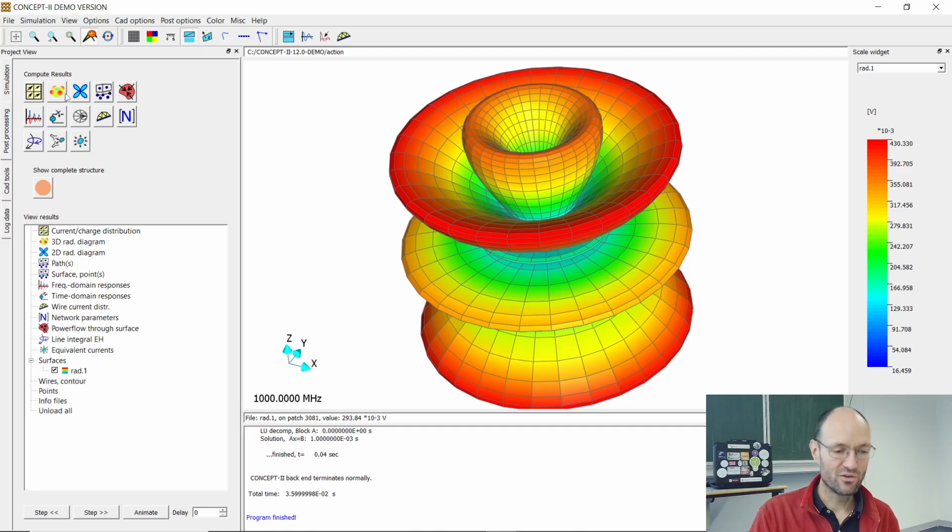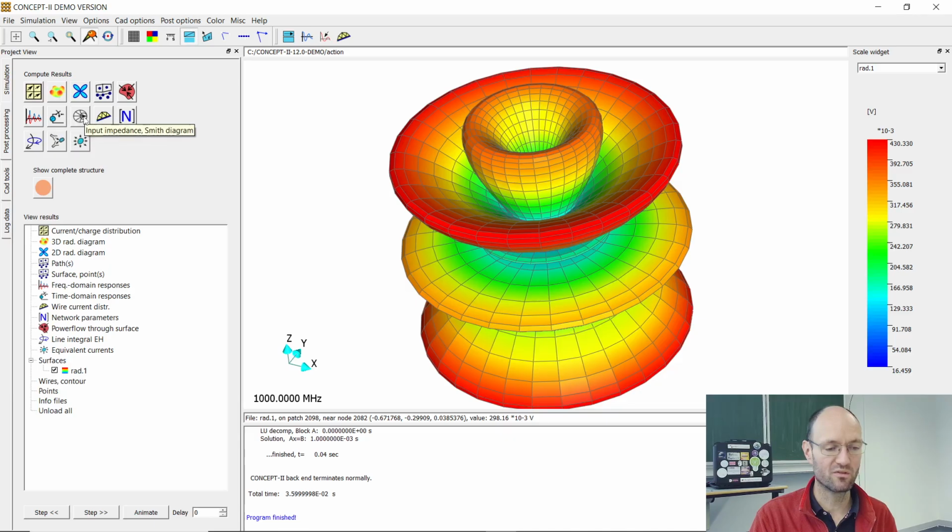So we can shortly check what else we could do here. There is some 2D radiation diagram. Okay, I think the 3D one is easier to understand. This is electromagnetic fields in arbitrary planes. This is not interesting for us. Power flow through surfaces. Frequency domain system responses. Here we could calculate, for example, the input impedance or some kind of radiation resistance.